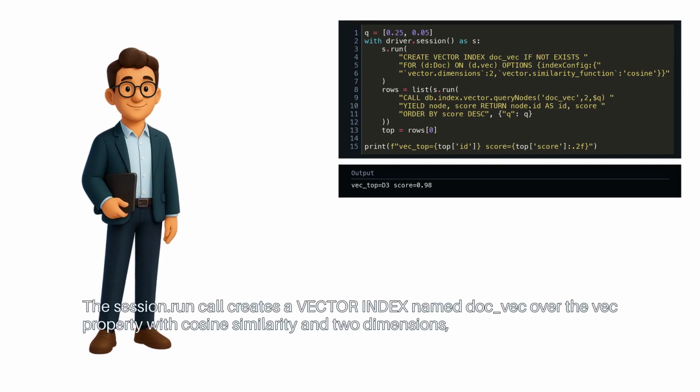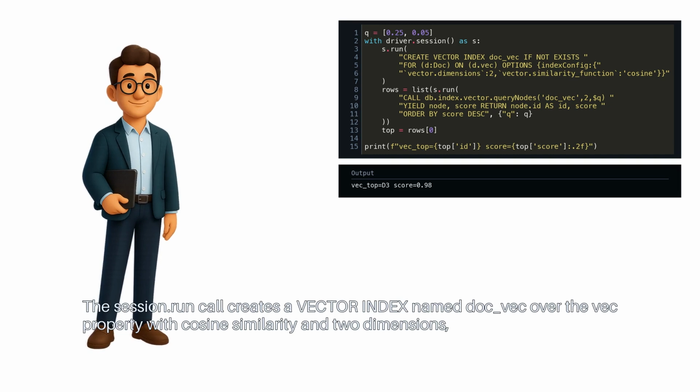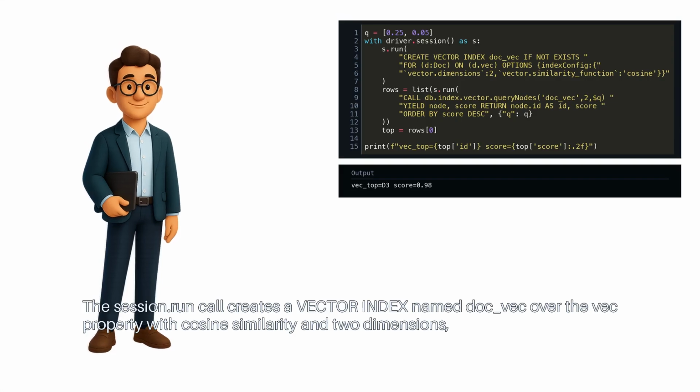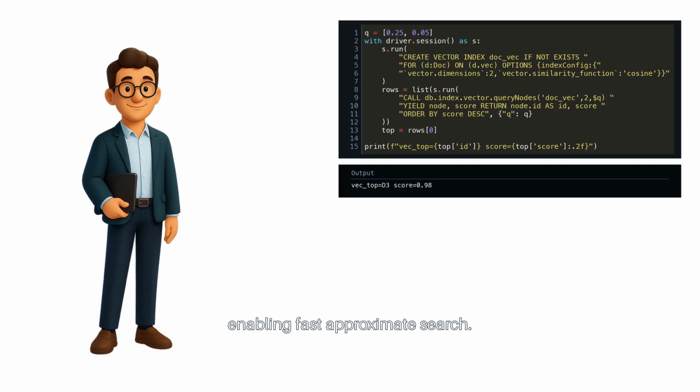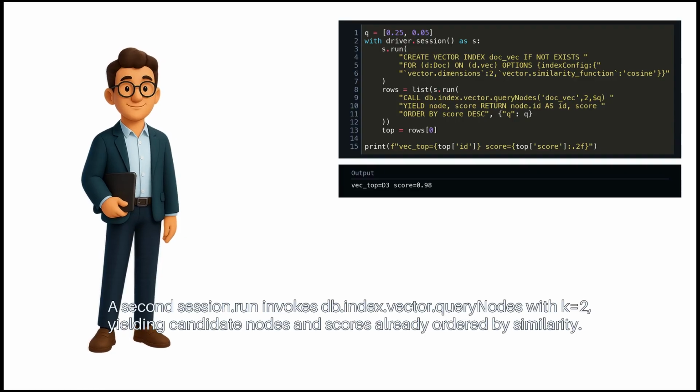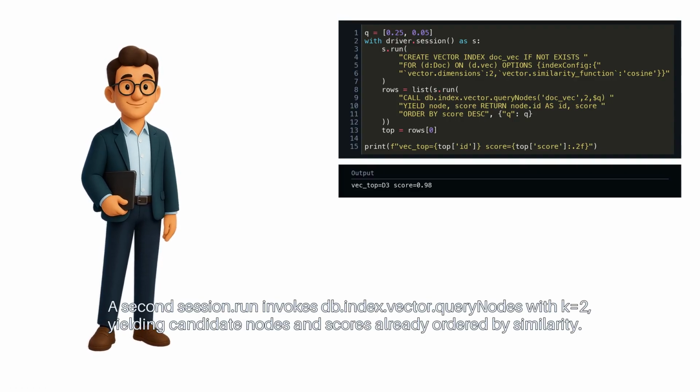The session.run call creates a vector index named docvec over the vec property with cosine similarity and 2 dimensions, enabling fast approximate search. A second session.run invokes db.index.vector.queryNodes with k equals 2, yielding candidate nodes and scores already ordered by similarity.